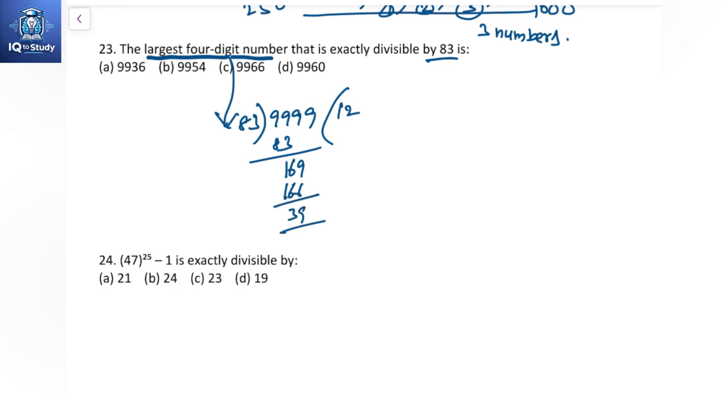Therefore, required number is equal to 9999 minus 39, which is equal to 9960, which is option D.